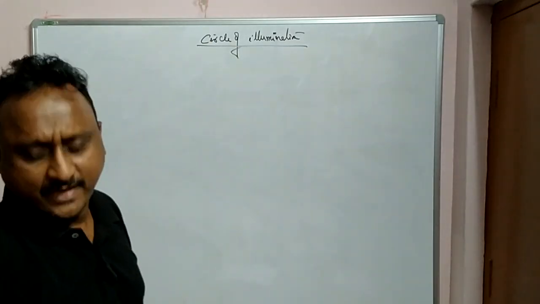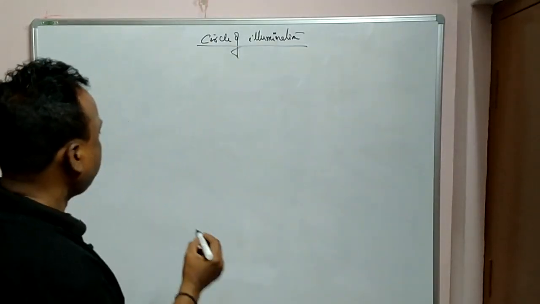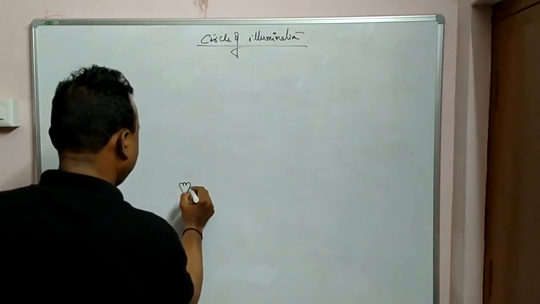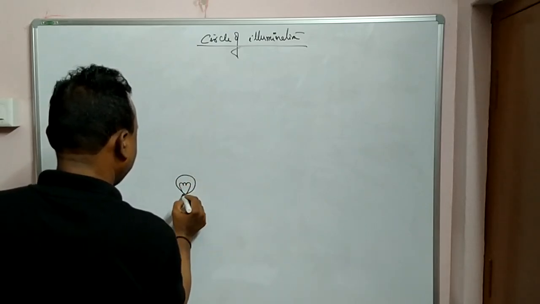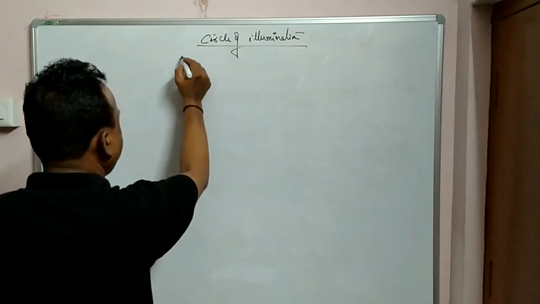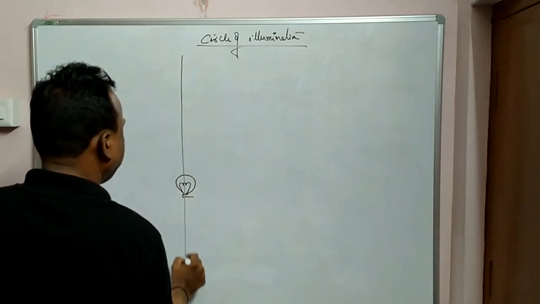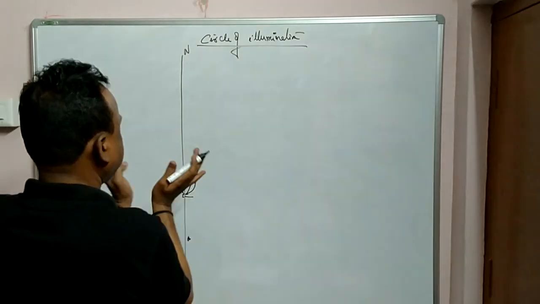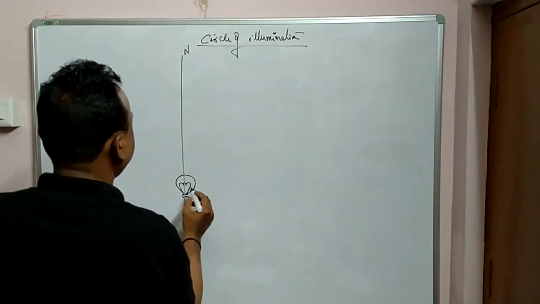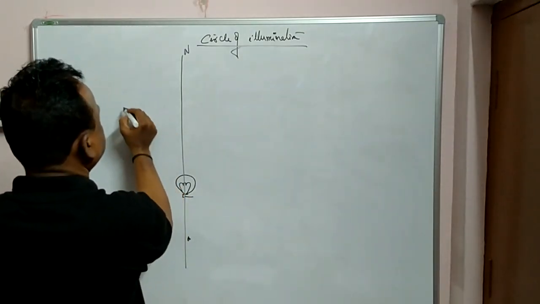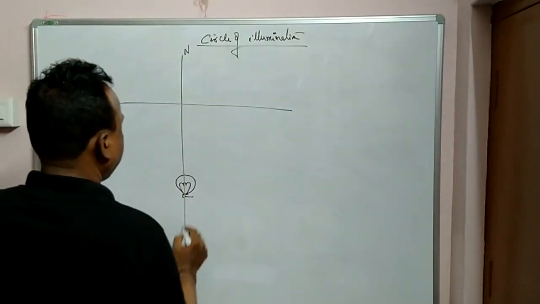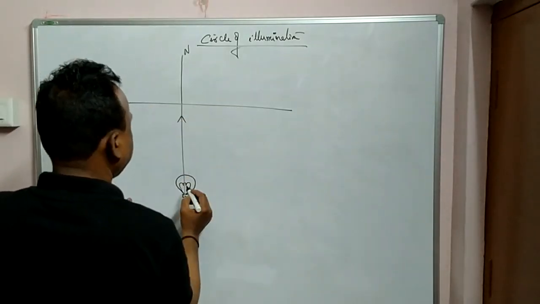Now we will study what is circle of illumination. For example, consider here one small bulb. Let this be the normal. The bulb is illuminating some light. I'll take this as a surface. Now this is the normal incidence.